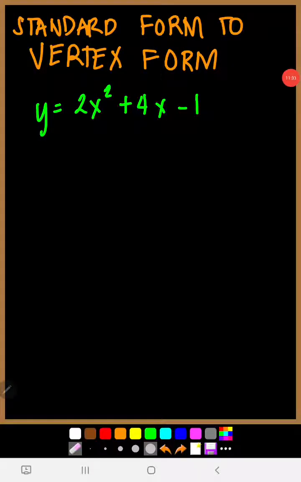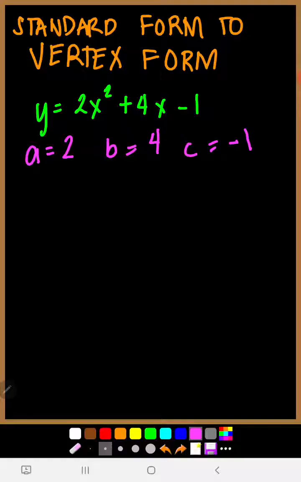So, another example, we have quadratic function in standard form, y is equals to 2x squared plus 4x minus 1. Again, let us get the values of a, b, and c. So, our a is 2, our b is 4, and our c is negative 1. Then, we use this in solving for h and k.